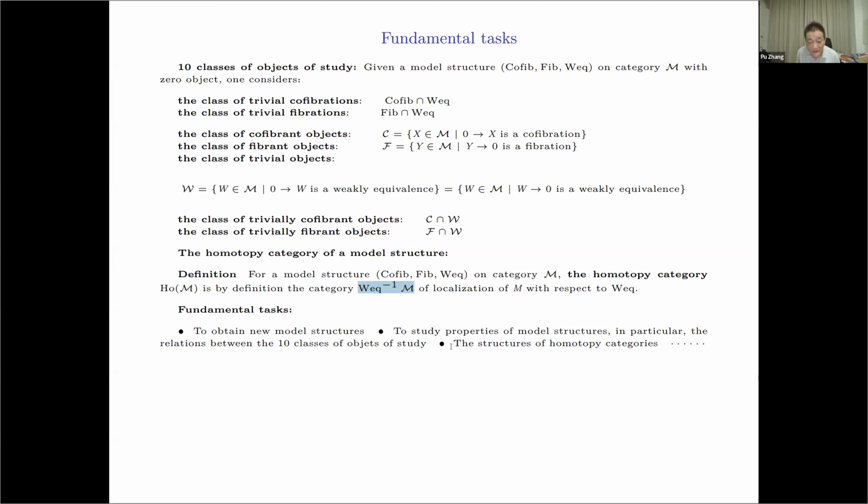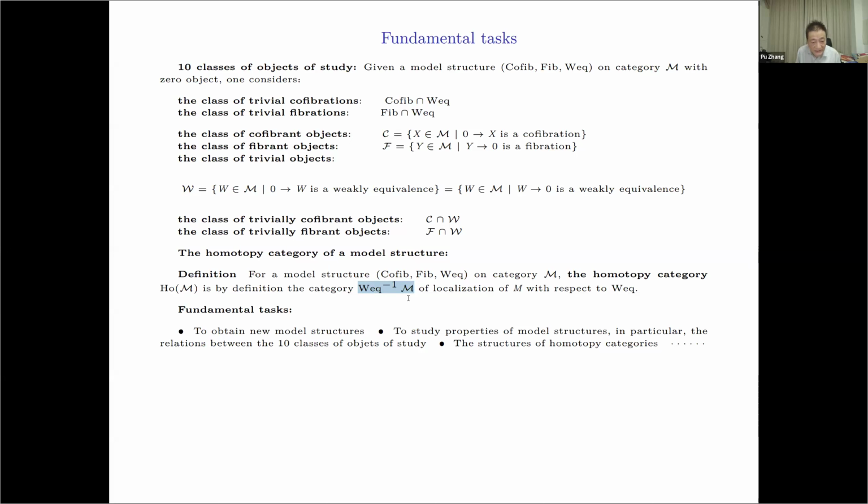One of the most important things is the structure of this homotopy category. This homotopy category of a model structure is one of the most important things in the theory of model structure.